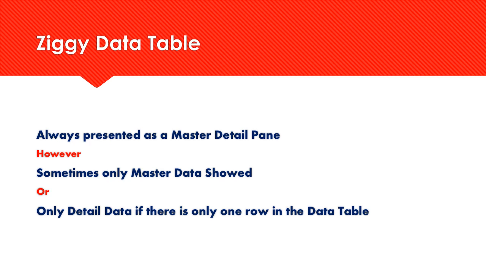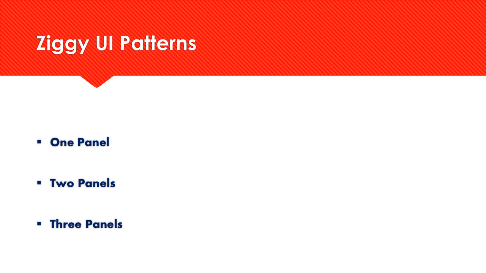A data table within Ziggy is always presented as a master detail pane, and the pane has, as you have seen before, a table with a master view and a detail view. The master view can be shown without the detail view, and, in some cases, the detail view can be shown on its own as well, that is, without the master view. Ziggy patterns always relate to panels.